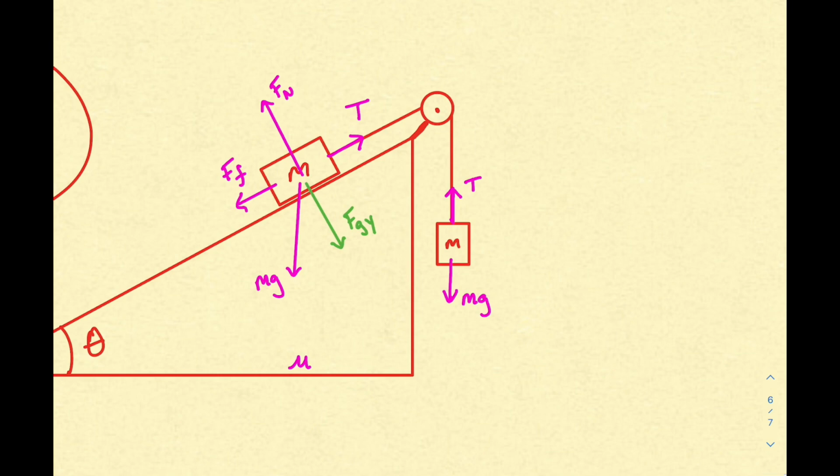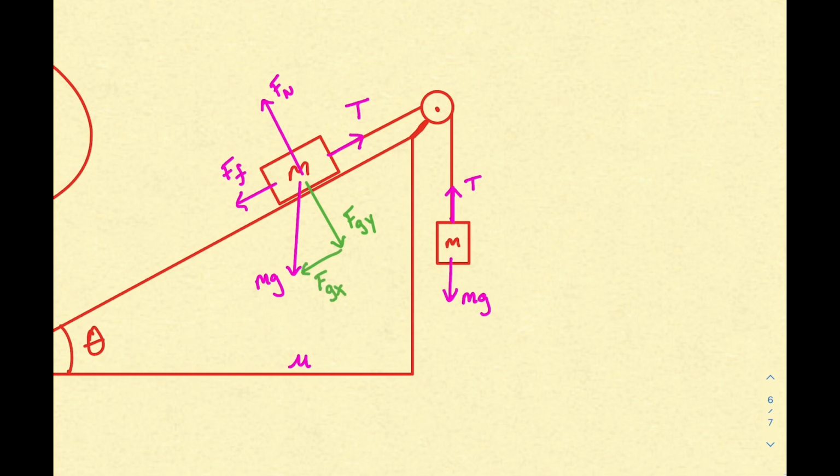It's the portion of this force that's in the direction perpendicular to the motion of the object. Then we have this part of gravity, which we call FGX.